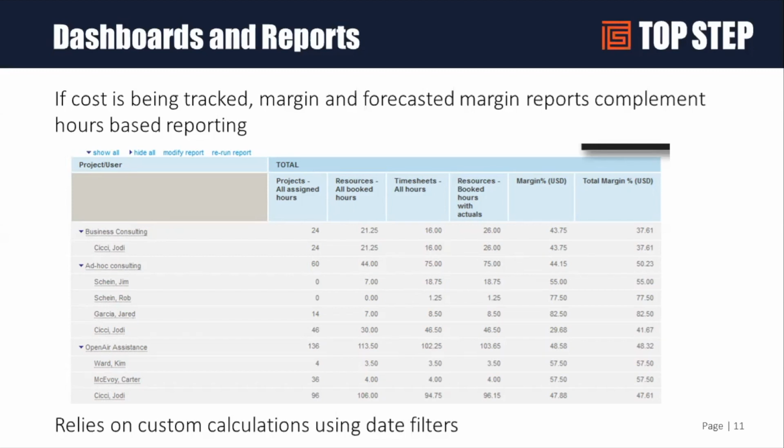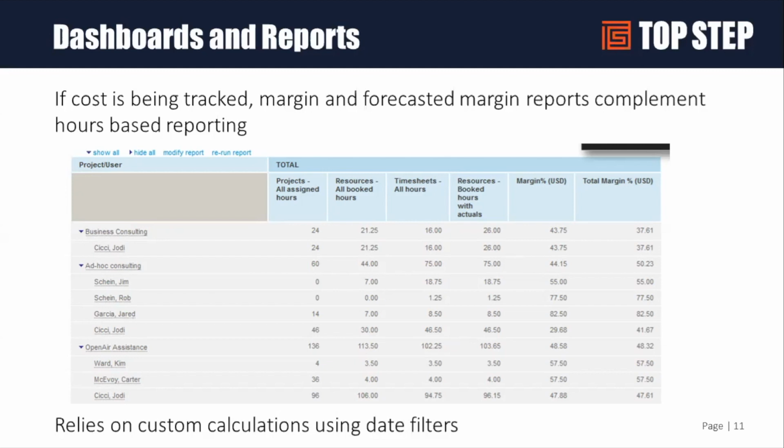And some of you on the phone, or you may have in your organization, the PMs are held responsible for maintaining a margin percent based on how the order was booked or how it was originally planned. This type of report gives them the ability to not only focus on the budget of hours, but also to be understanding the cost that they're spending and where are they at from a margin perspective.